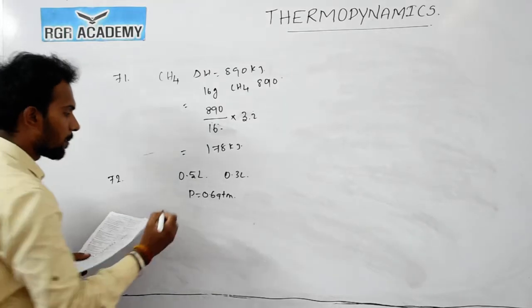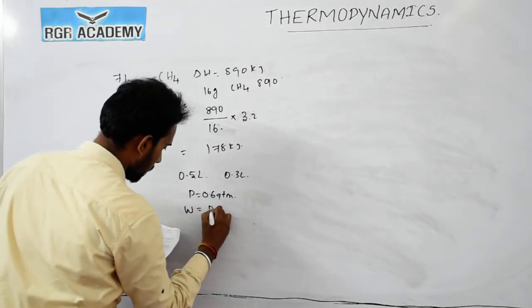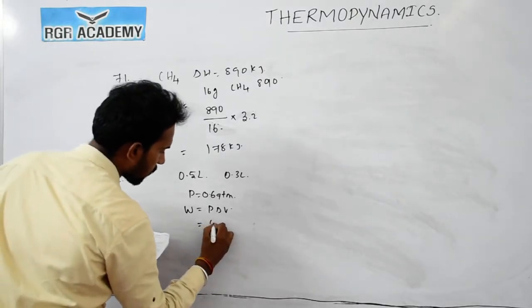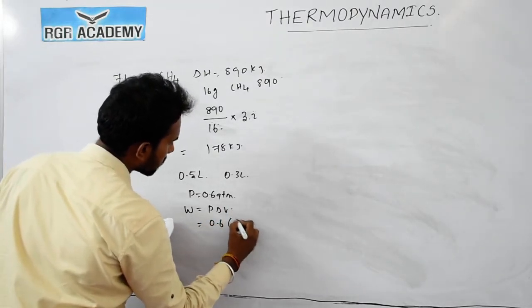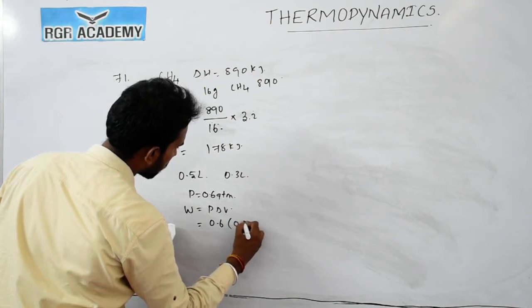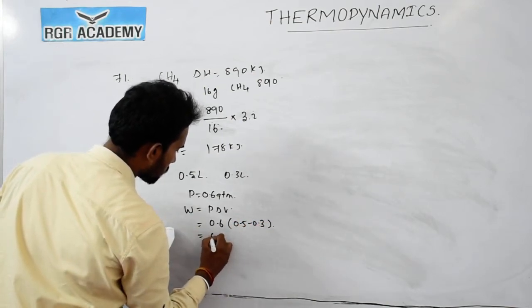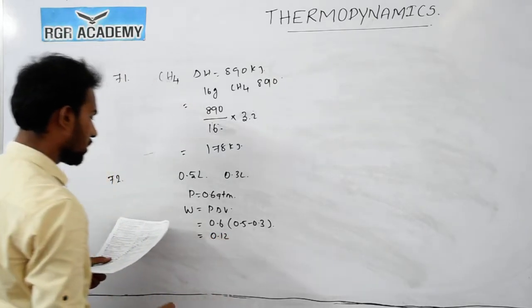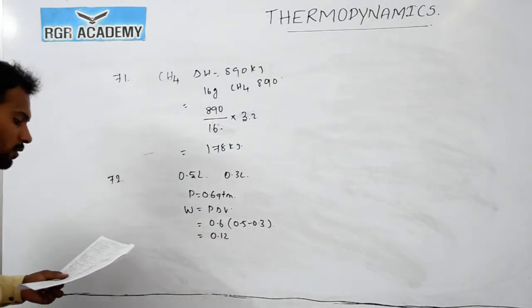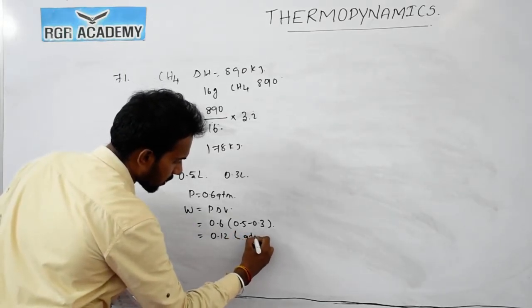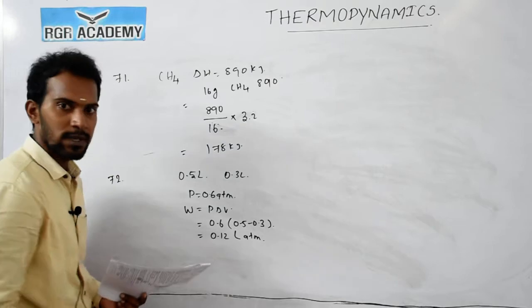Okay, so W is equal to P delta V. The pressure is 0.6. Delta V is V2 minus V1, 0.5 minus 0.3, which is 0.2. So work is 0.12 liter atmosphere, and we need to convert liter atmosphere into joule.